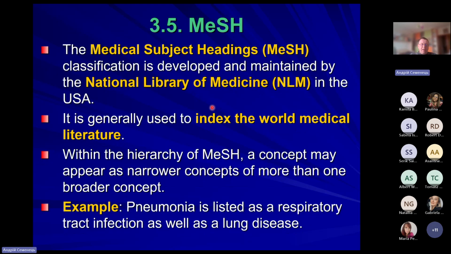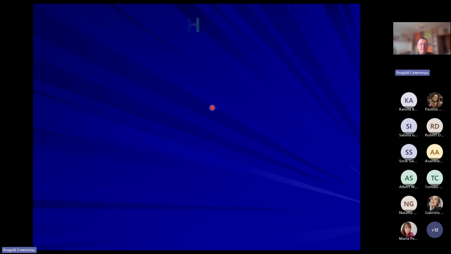Okay, MeSH. Medical Subject Headings classification, developed and maintained by the National Library of Medicine in the United States. Actually, it's the background of PubMed, so it's generally used to index the medical literature. In the hierarchy of MeSH, a concept may appear as a narrower concept of more than one broader concept. So pneumonia is listed as a respiratory tract infection as well as lung diseases.